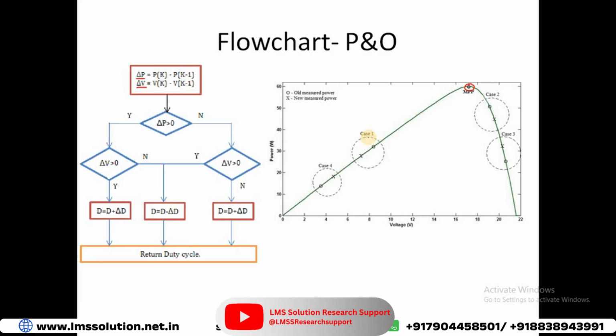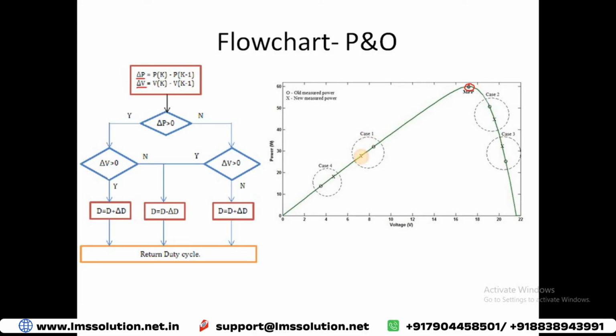Now consider case 1. In case 1, you have to draw some vertical and horizontal lines towards the voltage and power axes. After drawing those lines, next you have to do some calculation. That means you have to find the difference between power at the current and previous instant. So this point is the current instant, and this is the previous instant.